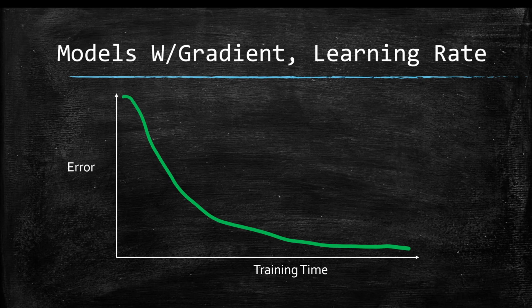We started off here and the error is pretty high at the first epoch. But if we keep on adjusting it using gradient descent, ideally it should get smaller and smaller and smaller until we start to taper off and we just don't get any better. And that is how gradient and learning rate are taken into consideration in order to do gradient descent.